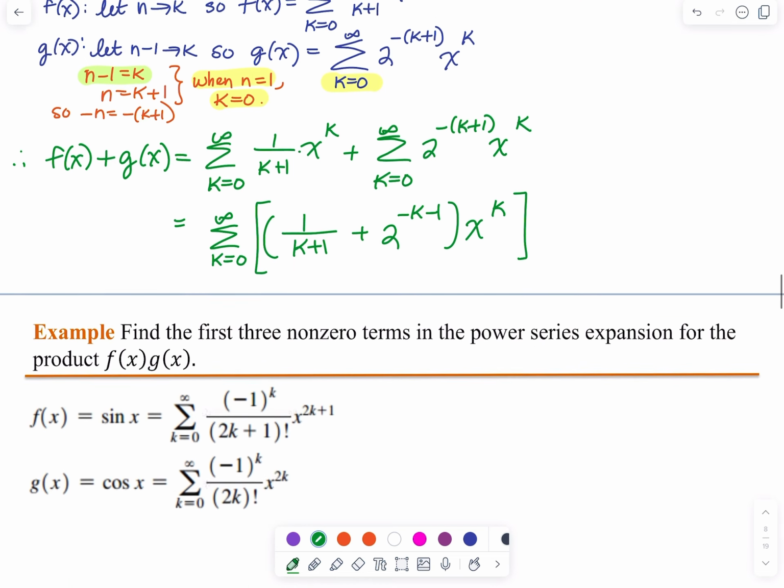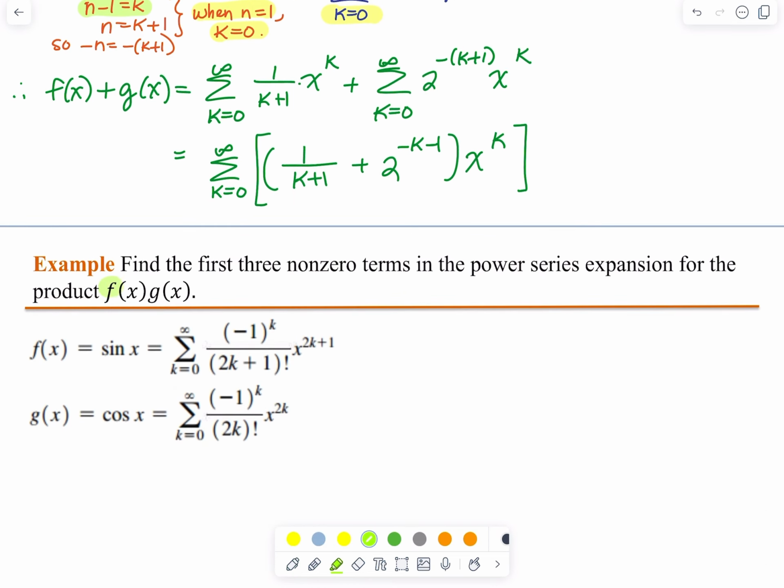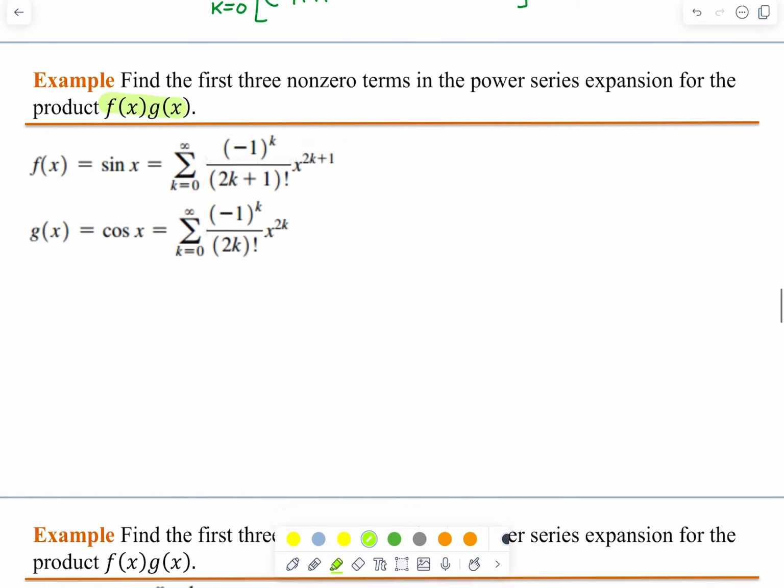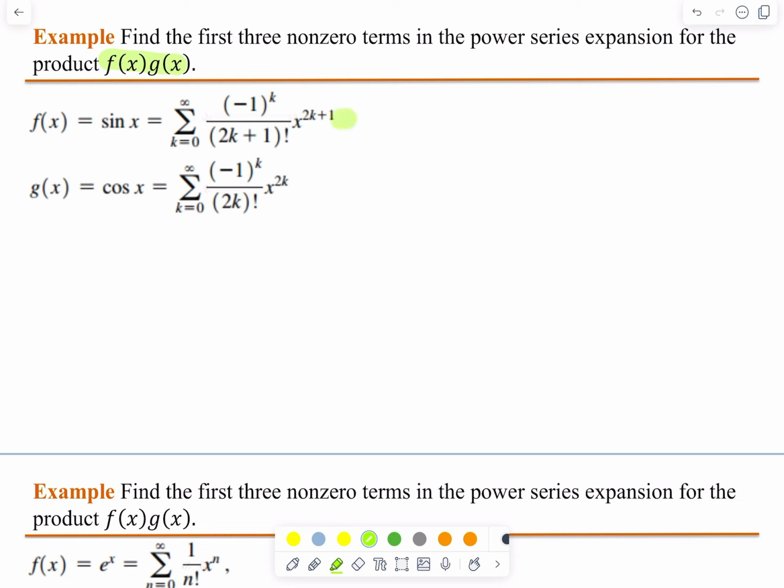Okay, now that was the sum. Now let's look at the product. So we are going to be looking for the first 3 non-zero terms in the power series expansion for the product. So taking a look at this first function, we can write out some terms, and we did mention that we would be doing this using the distributive property after we treat them as long polynomials.